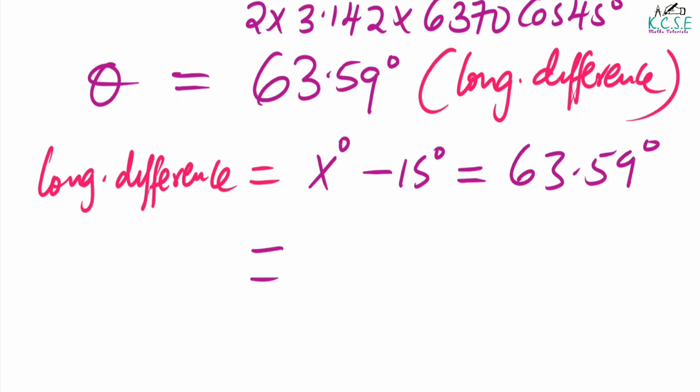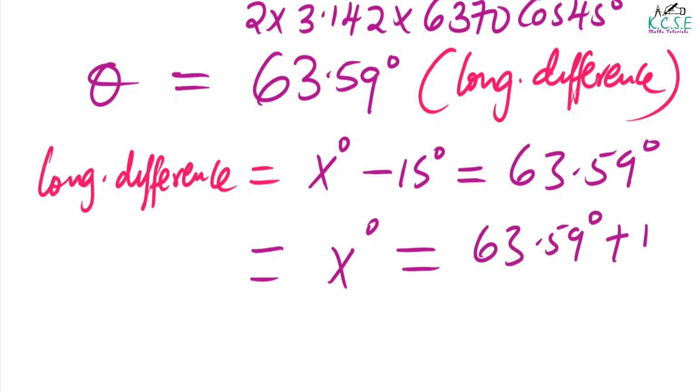Therefore, x degrees will be 63.59 degrees plus 15. When you work this out, you get 78.59 degrees. That is what you're supposed to get.